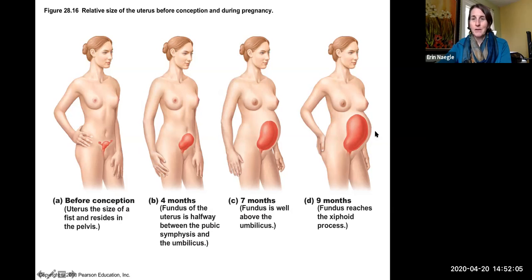And this becomes a very strong muscle that allows for contractions during childbirth. And then after childbirth, the hormones change, and part of those hormonal changes allows for apoptosis or programmed cellular death of many of those smooth muscle cells, and then the uterus returns to its pre-pregnancy size.